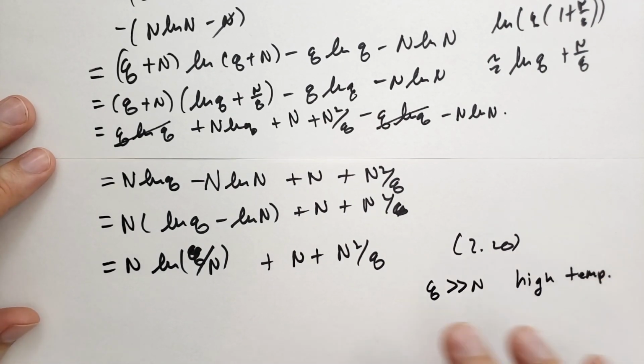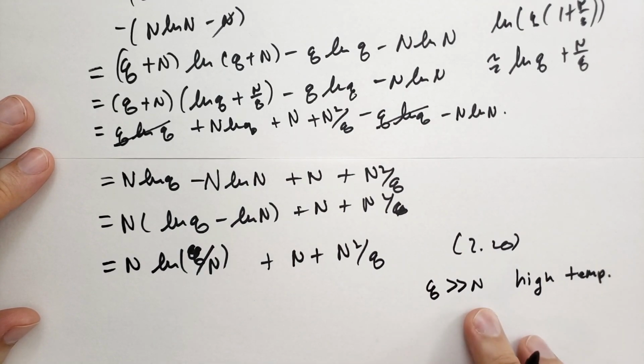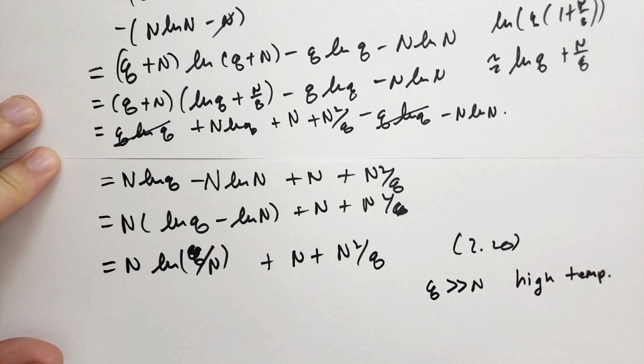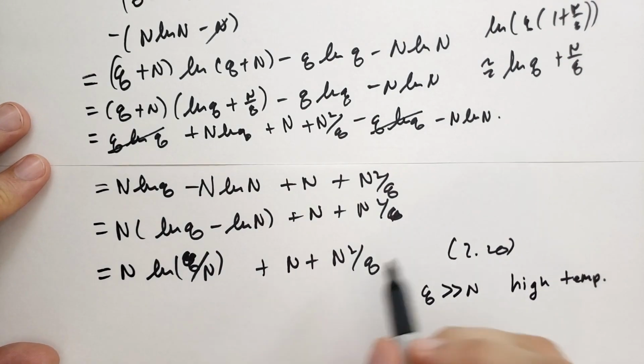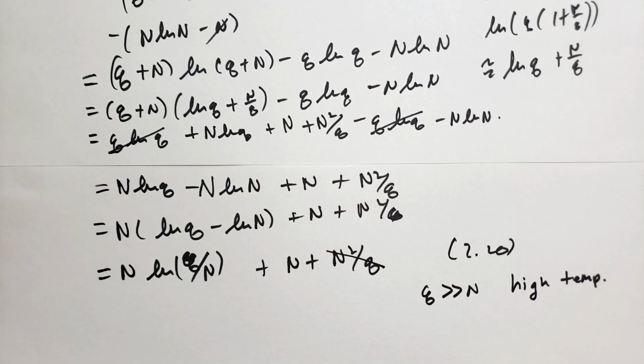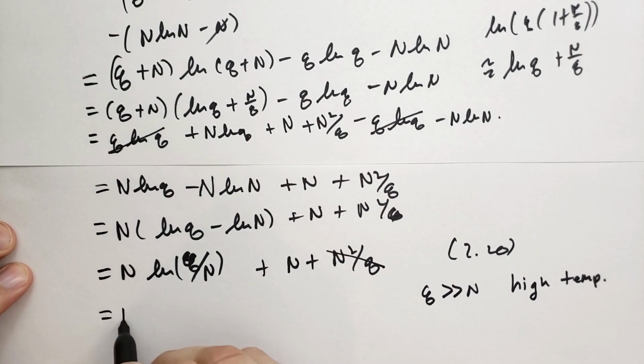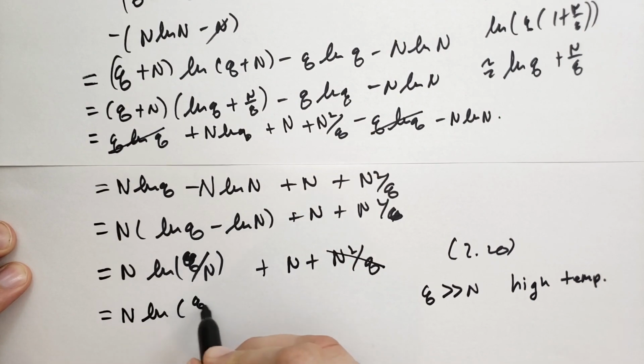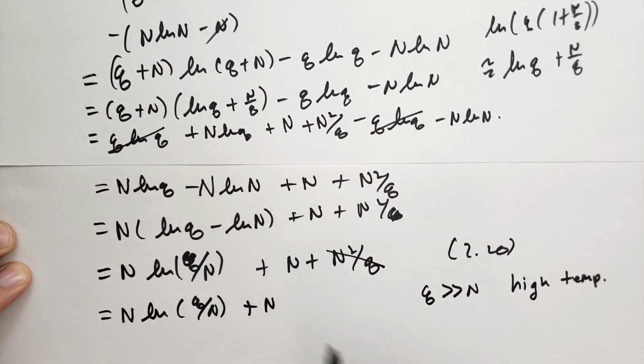So when q is much greater than n, so there's much more energy than there is the number of degrees of freedom that you can allocate that energy in, then we can eliminate this last term. So n squared divided by q, we can eliminate that term because it is negligible. Then we get, this is n log of q over n plus n.